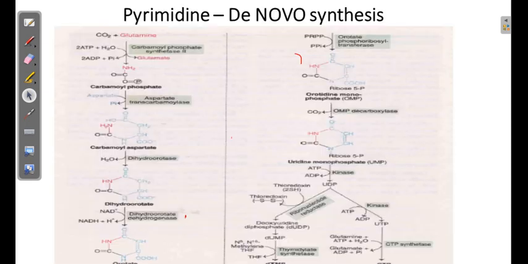Next, for de novo synthesis, let us look at the pyrimidines. As you can see here, the starting materials are carbon dioxide and glutamine, and after a series of enzymatic reactions it is converted into uridine diphosphate, which is an intermediate. After subsequent reactions, this intermediate is converted into thymidine monophosphate and cytosine triphosphate.